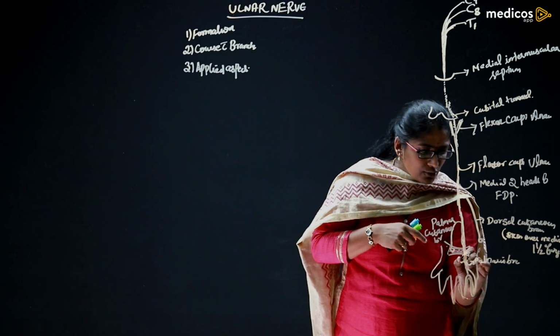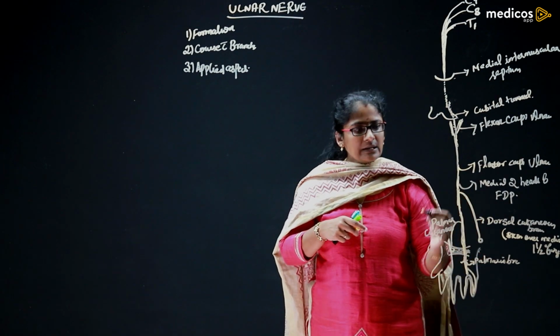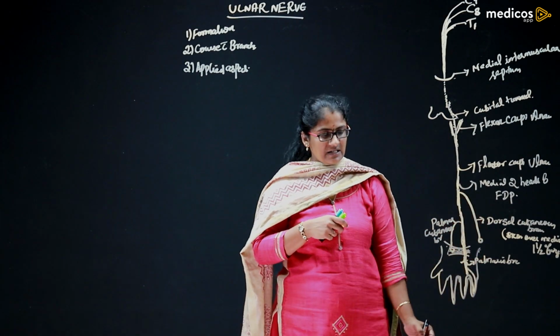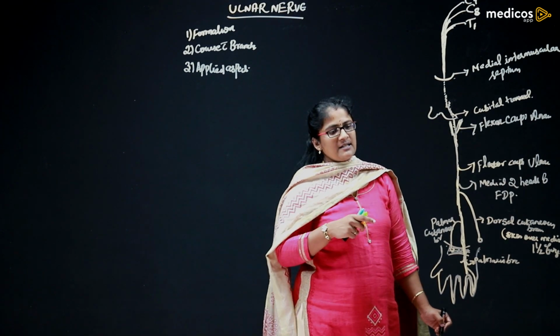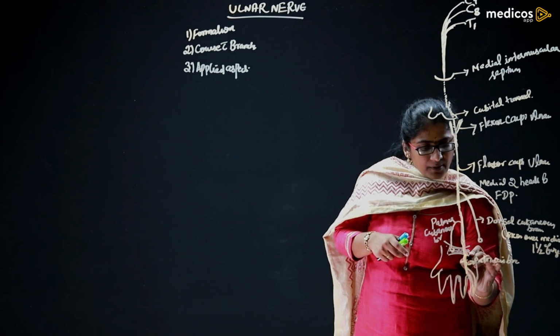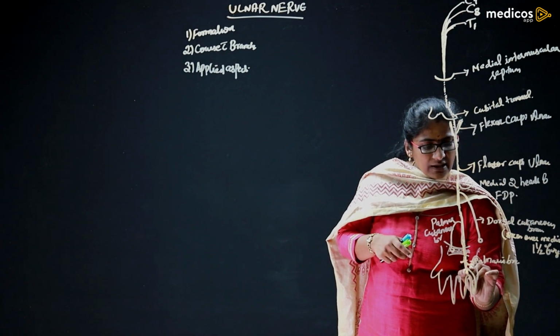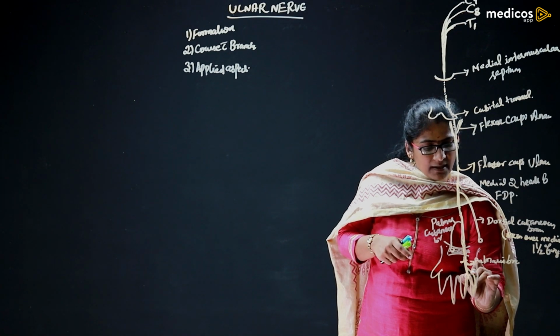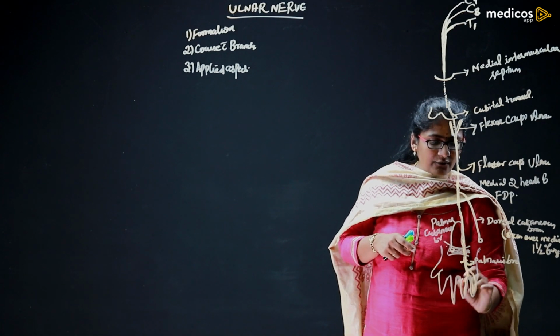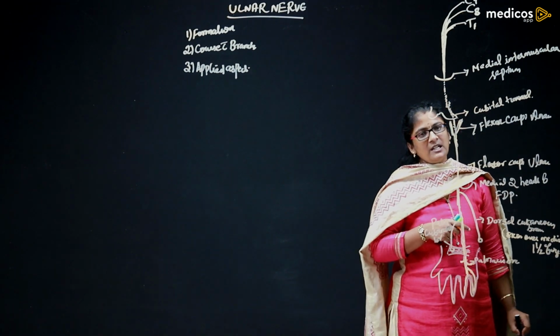So this is about the superficial branch. The ulnar nerve enters superficial to the flexor retinaculum, and once it enters, it divides into the superficial branch and the deep branch. The superficial branch supplies the palmaris brevis, and it divides into one common digital branch that supplies the adjacent sides of the fingers, and one proper digital branch that supplies the medial side of the little finger.